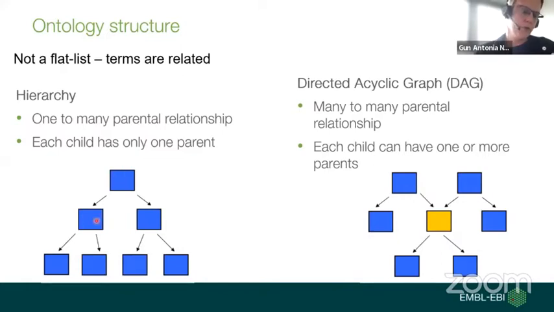So one term might have several descendant terms, but each child only has one parent. And that's not what the GO is. GO is structured as what's called a directed acyclic graph, or a DAG. In this type of graph, you can have many-to-many parental relationships. So a term can have a lot of parents, and it can also have a lot of children.